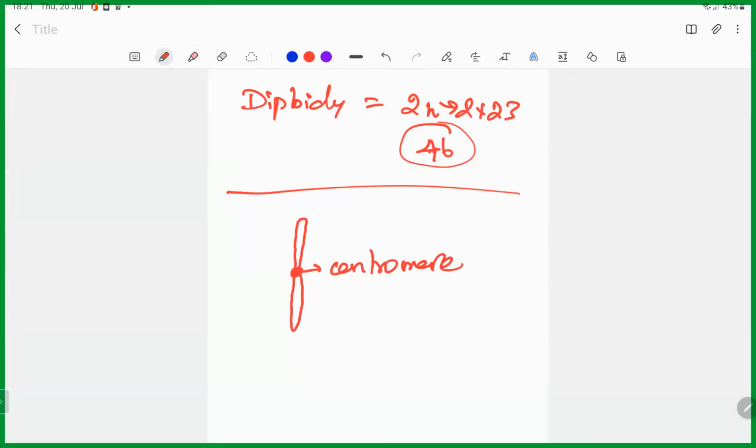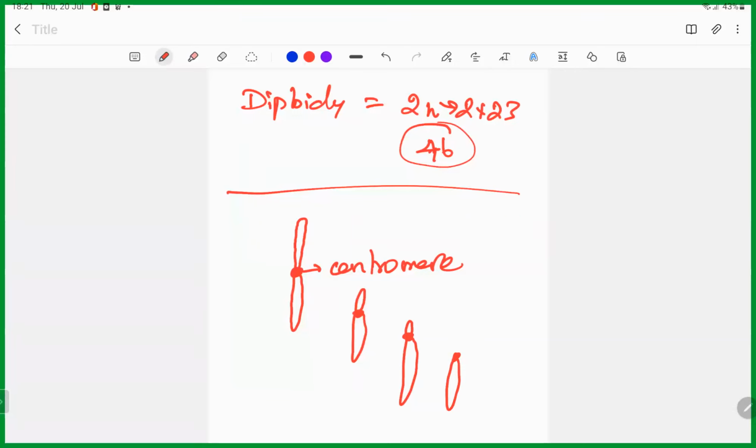There are 4 types of chromosomes basically. Sometimes they have 2 equal arms. Sometimes one short arm, one long arm. The third one has one very short arm, one very long arm. And the fourth one, you can't even see the short arm.